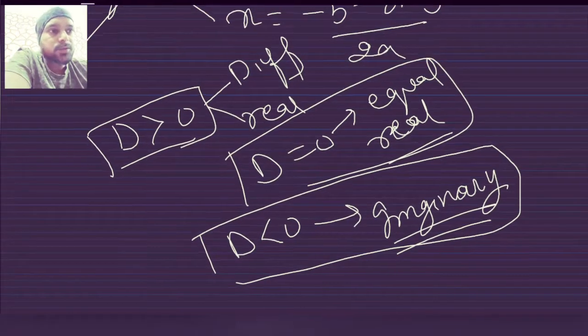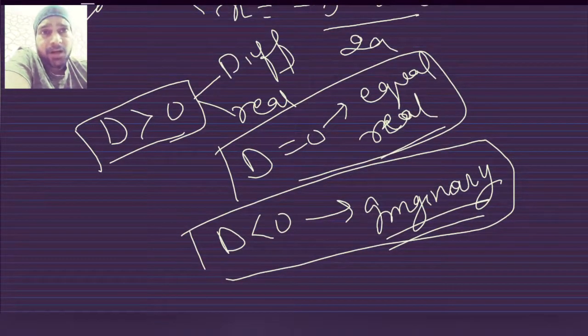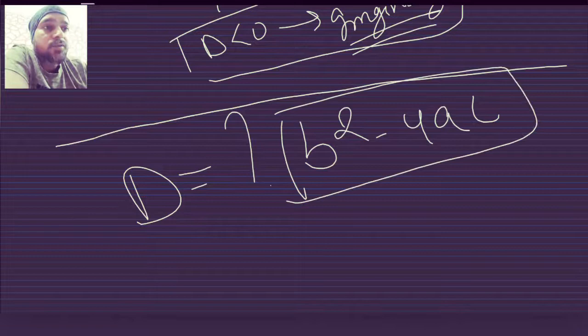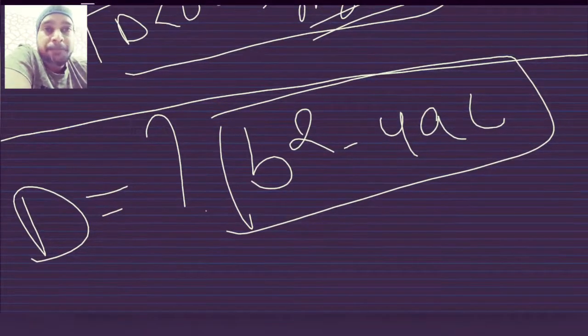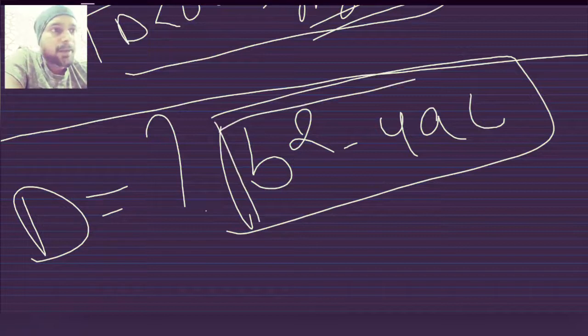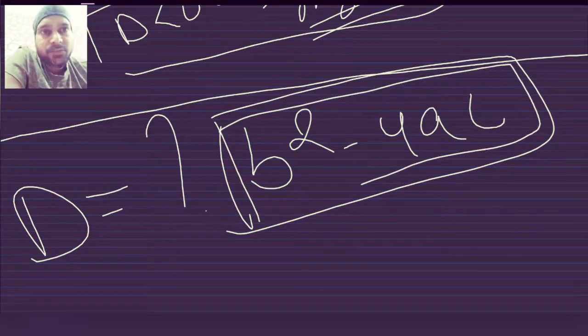So now, just by looking at a quadratic equation, or just by calculating the discriminant of the quadratic equation, that is b square minus 4ac, you can find out the nature of the roots. Once you calculate the value of b square minus 4ac, that is the discriminant, you will be able to find out the nature of the roots.